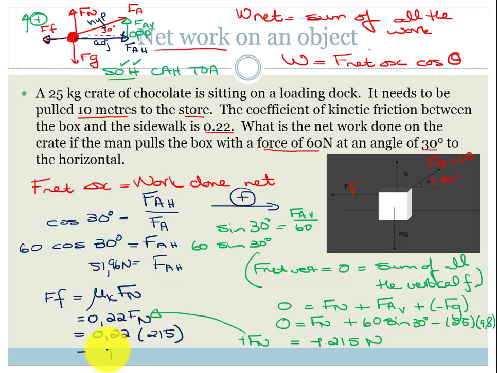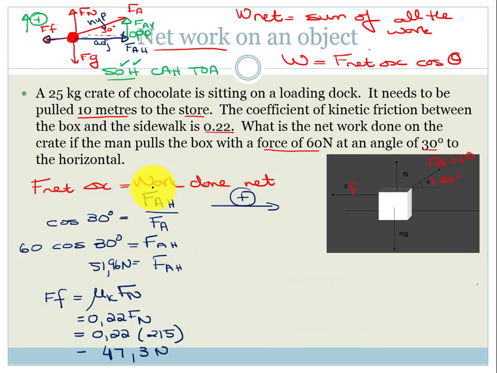So that's 47.3 newtons. Excellent. Now I'm just going to erase this because we don't need this right now. Right, so now we've got the forward force of 51.96 newtons, and we've got the reverse of 47.3 due to the force of friction.